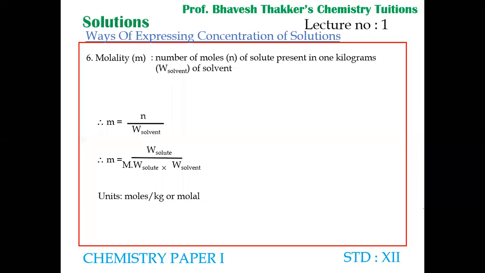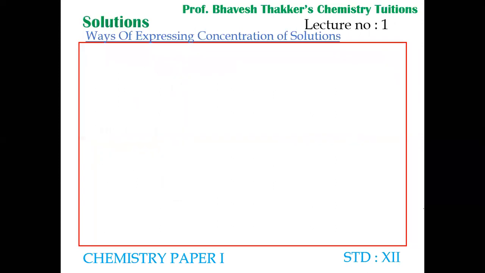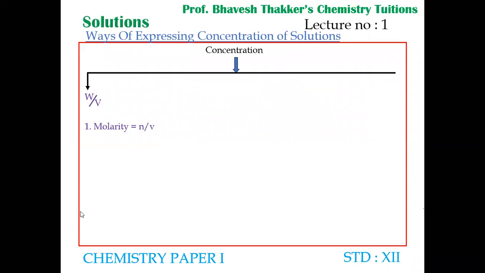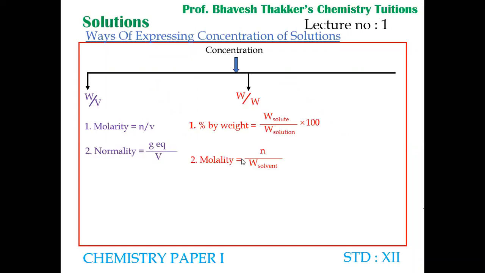Okay, in brief, I'll revise all the ways of expressing concentration. See, we did molarity, that is weight by volume, normality, percentage weight, molality, and your percentage by volume and mole fraction. Now tell me, what is molarity? Definition. It is number of moles of solute present per liter of solution. What is normality?